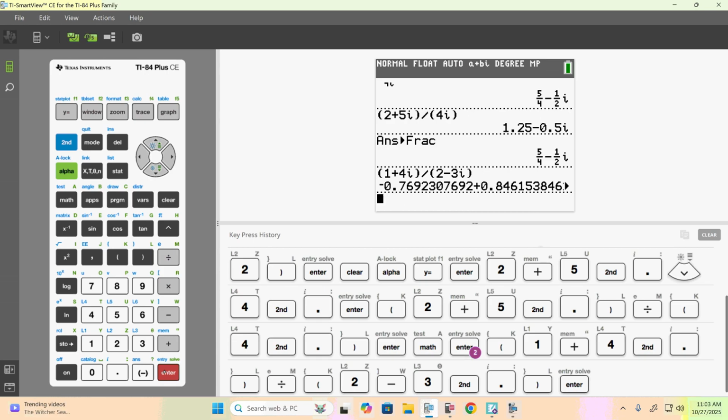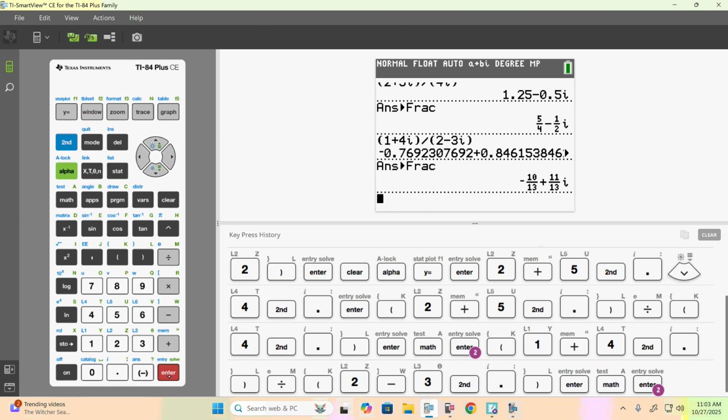Now, we're not going to write this as the answer. We're going to go math, enter, enter, and it'll tell us that it's negative 10 thirteenths plus 11 thirteenths. So do we get that there? Any questions on how we type that in?